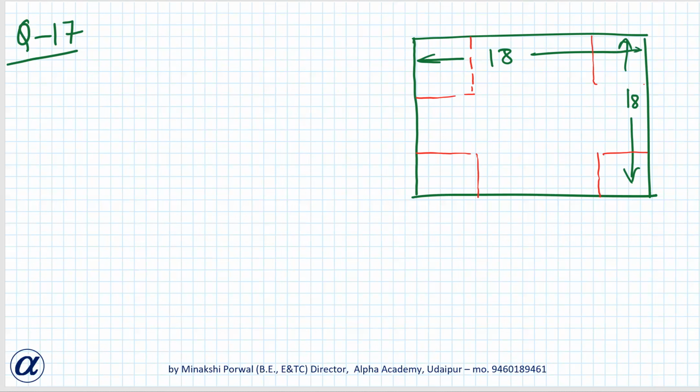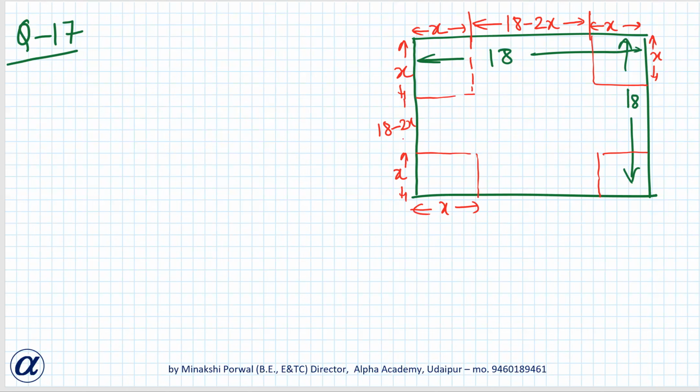Okay, so if the side of the square is x, this is x, this is x, this is x, and this is x, then this will become 18 minus 2x. This is x, this is x. Okay, so this will also become 18 minus 2x.